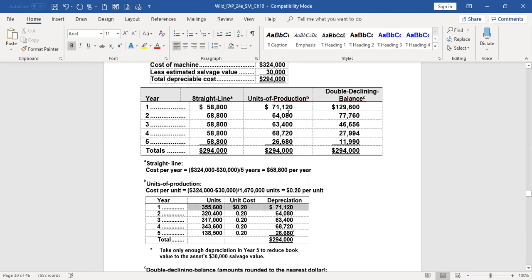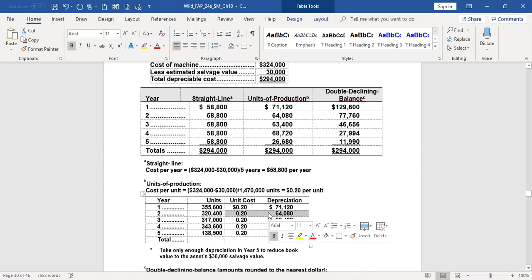So year one, depreciation, 71,120. In the problem, they tell us in year two, the number of units produced were 3,400. Multiply that by 20 cents. So if I keep track, so far, this machine has produced 355,600 in year one, and then 320,400 in year two.